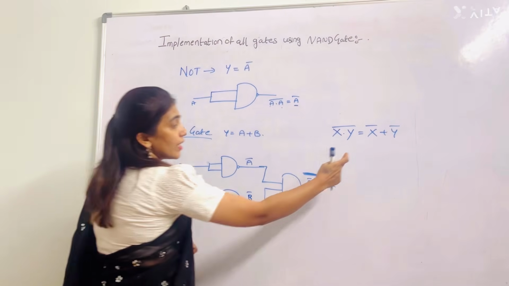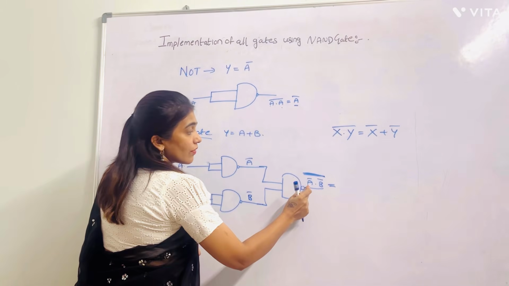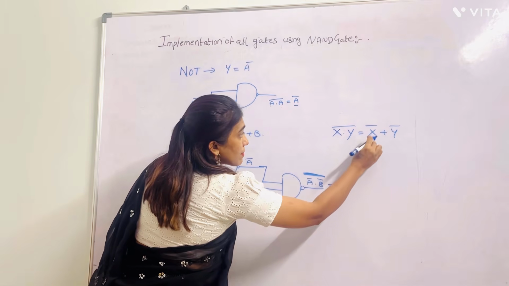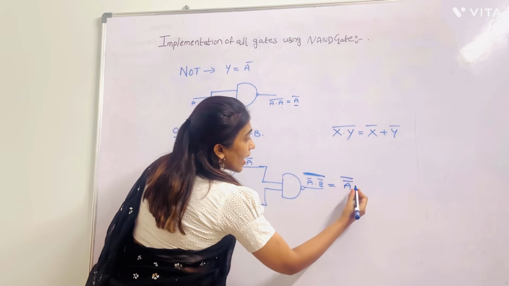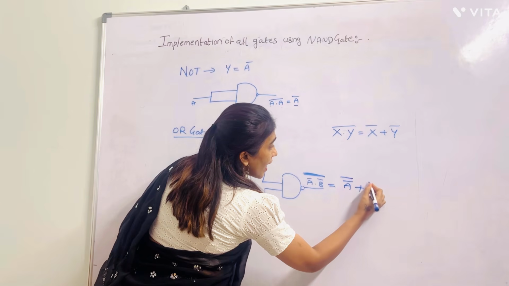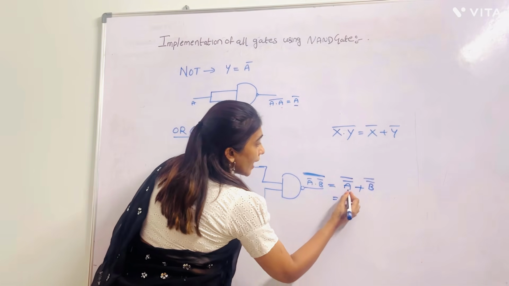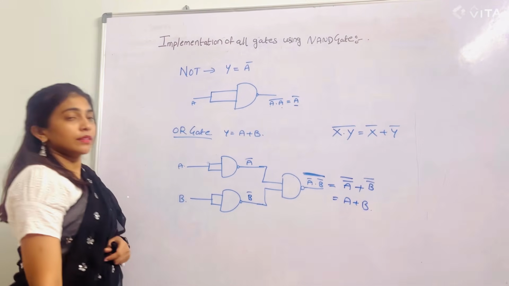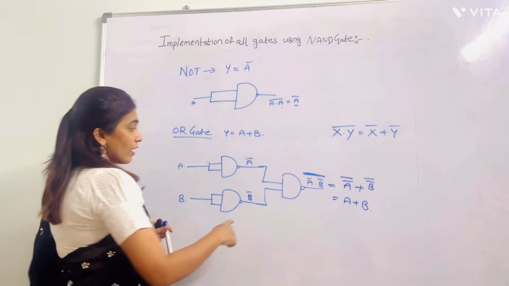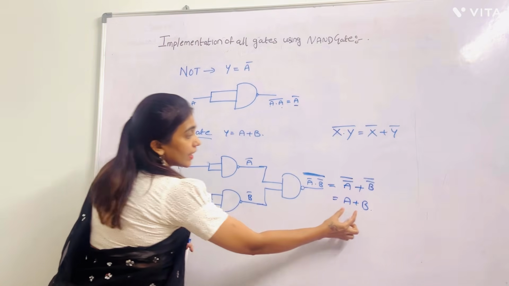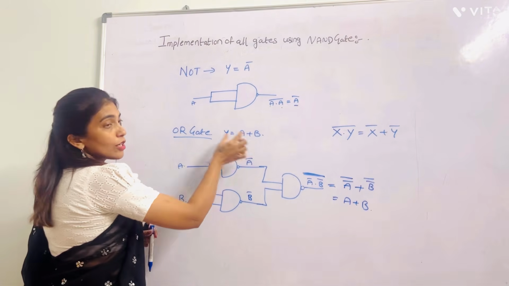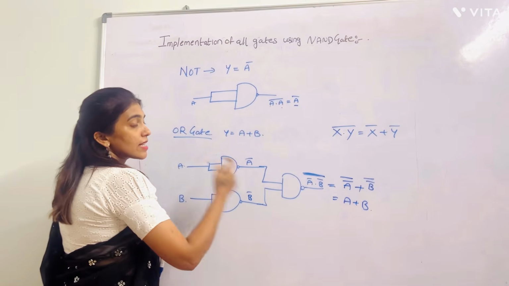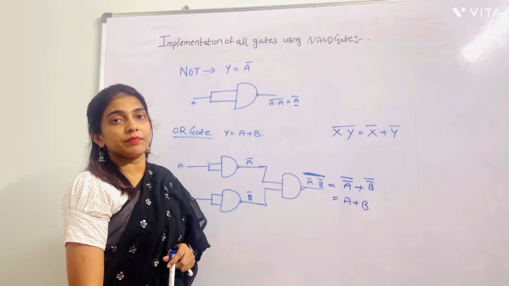So here in the place of x we have a bar, so x bar is a bar, again bar, plus b bar, again bar. A double bar is a, b double bar is b, right? In this way, from this circuit diagram, we are getting a plus b. So instead of OR gate symbol, we use 3 NAND gates in the NAND realization.